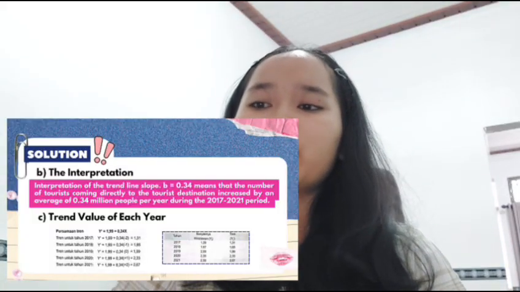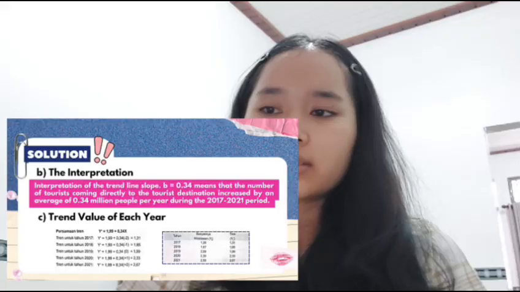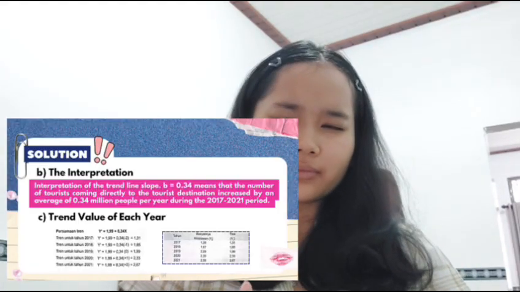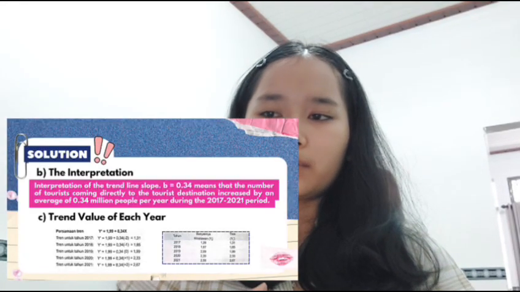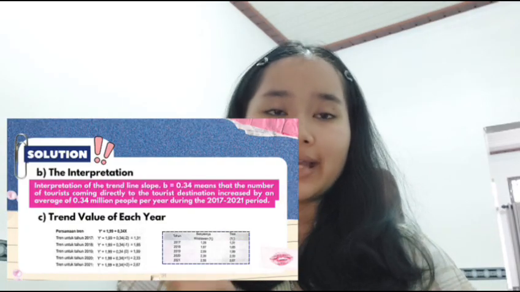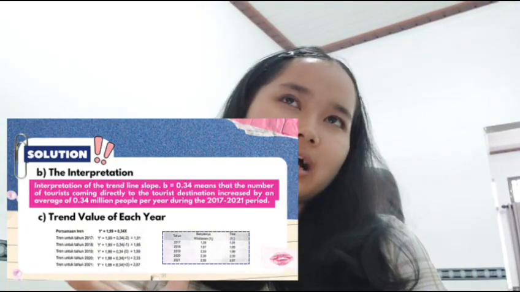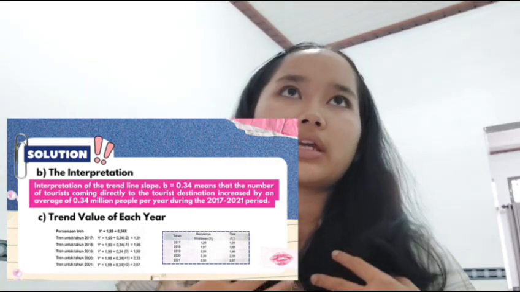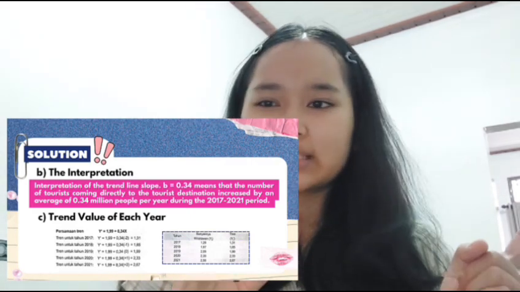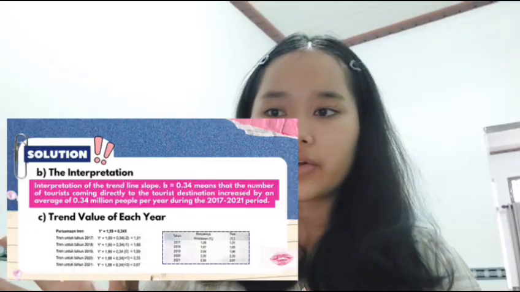And the next is the trend value of each year. We need to change the x into the x value, and the result of the zeroing, we can see it from the slide before.